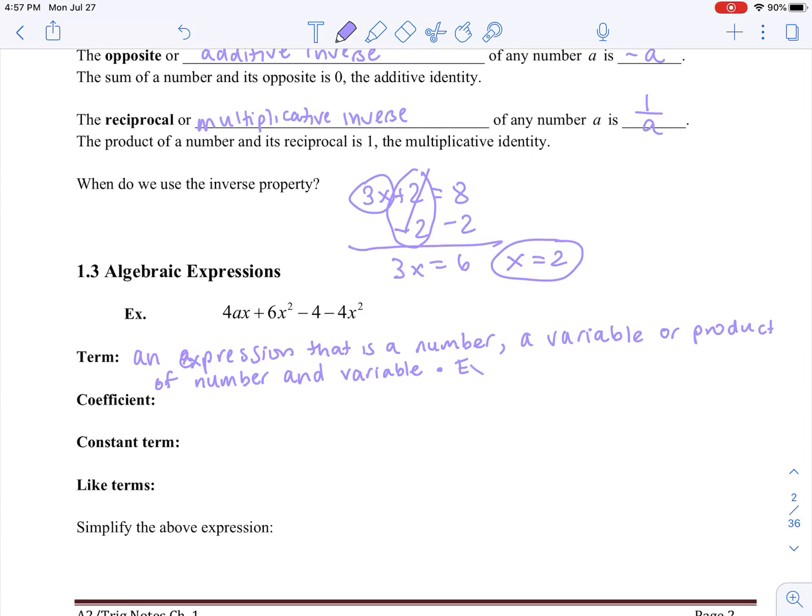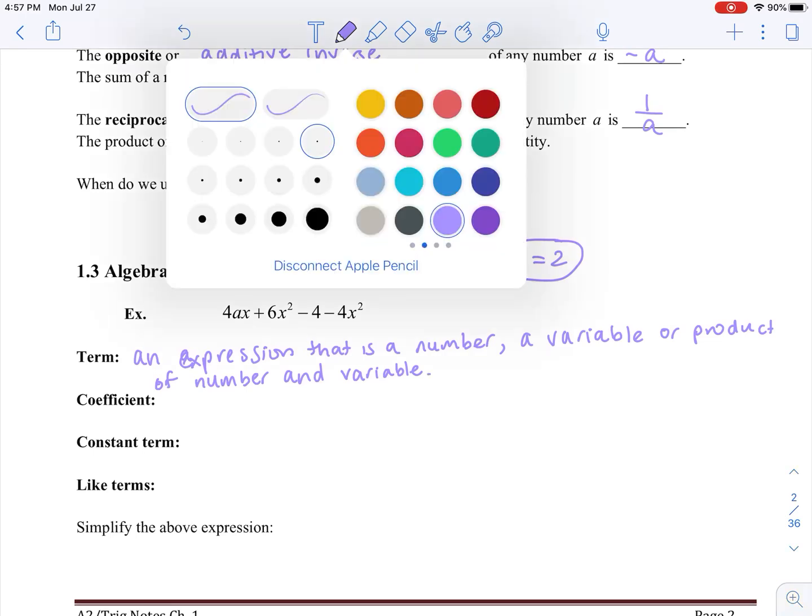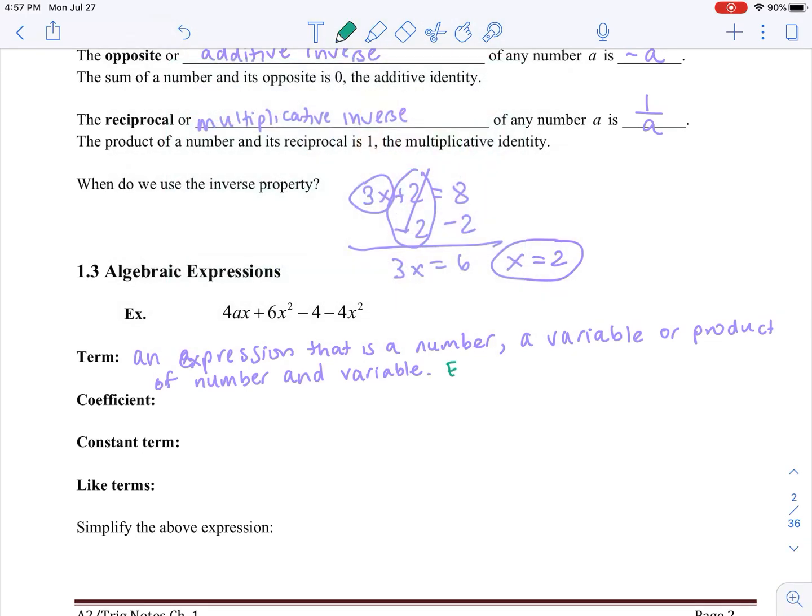So an example that we'll add, and I'll make it a different color for my examples here, would be 4ax above is a term. Anything separated by addition or subtraction is a term. Or you can say 6x squared is an expression, or 4 is an expression.